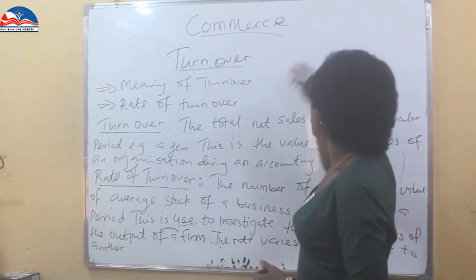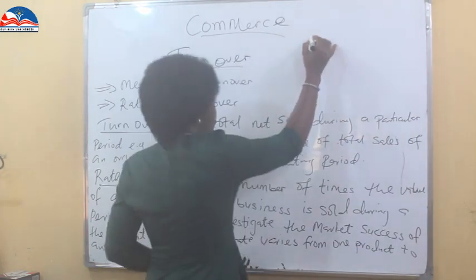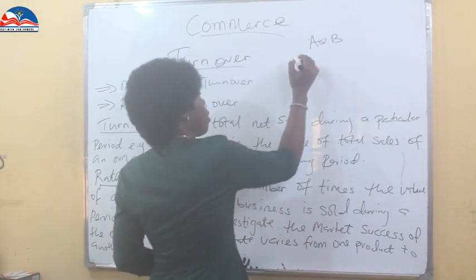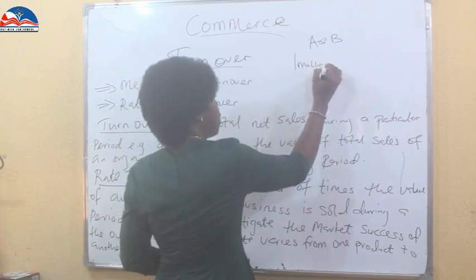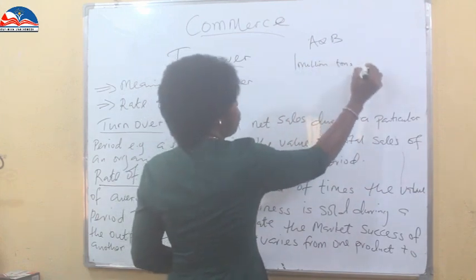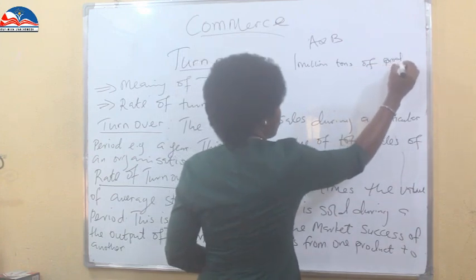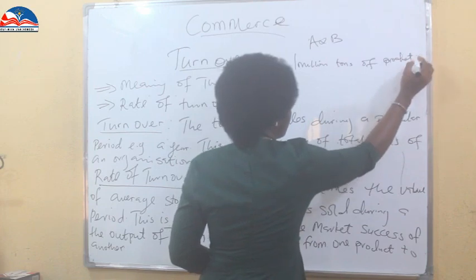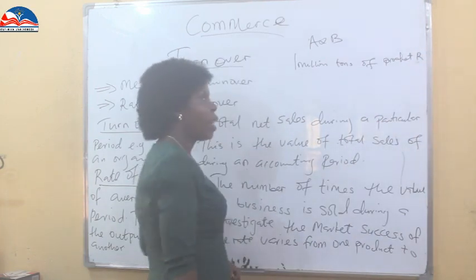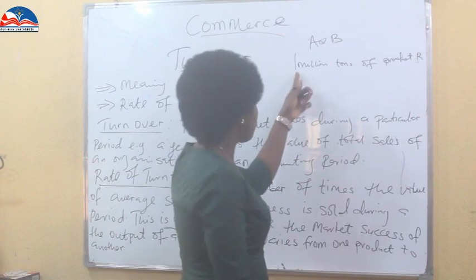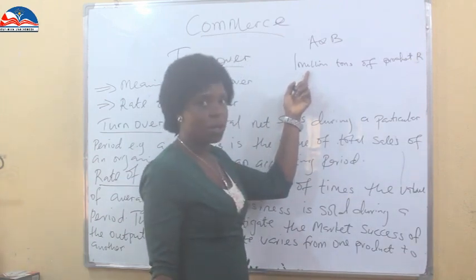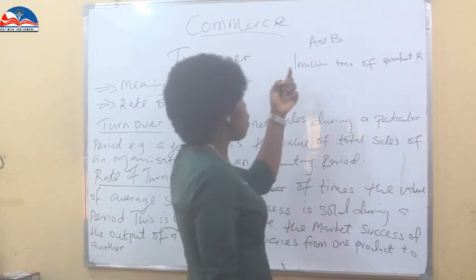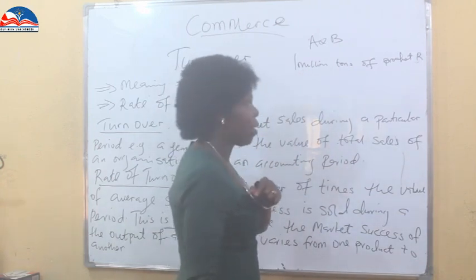Let's say company A and B produces 1 million tons of product R. And out of this product, the one they produce, 1 million tons, a ton is 1 naira. So 1 million tons is 1 million naira.